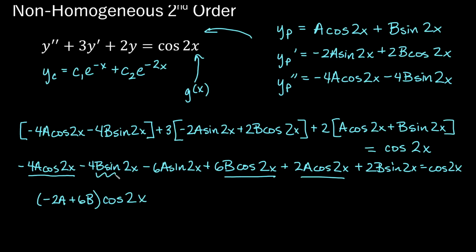Now look at the sine terms, so I have that one there, and that one there, and that one there. So I have negative 4b plus 2b would be negative 2b, and then I also have negative 6a, so we'll go ahead and say negative 2b minus 6a sine 2x equal to cosine 2x.